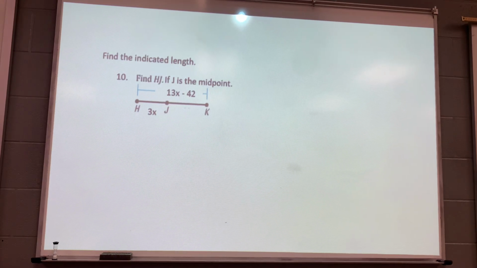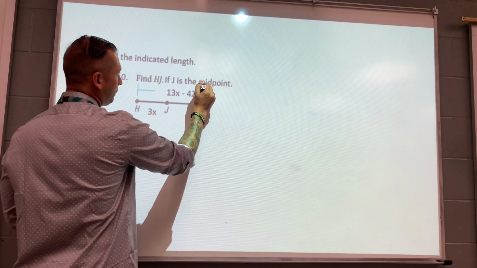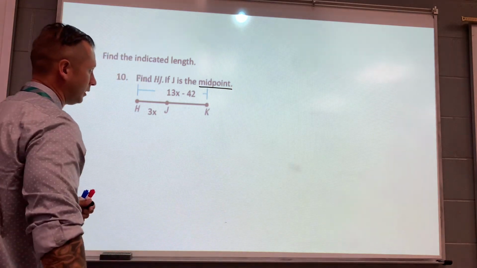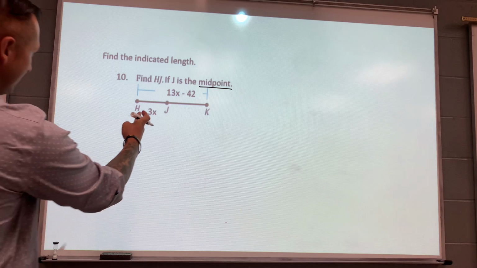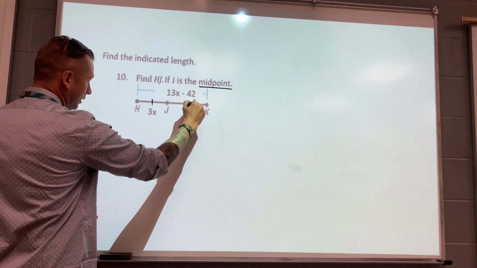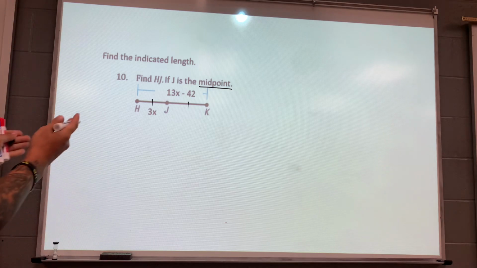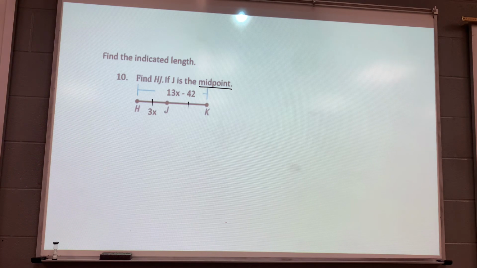All right, find the indicated length. Find HJ if J is the midpoint. So midpoint means something very specific. That means that J exactly cuts HK in half. I know it doesn't look like it, but you never trust the picture.